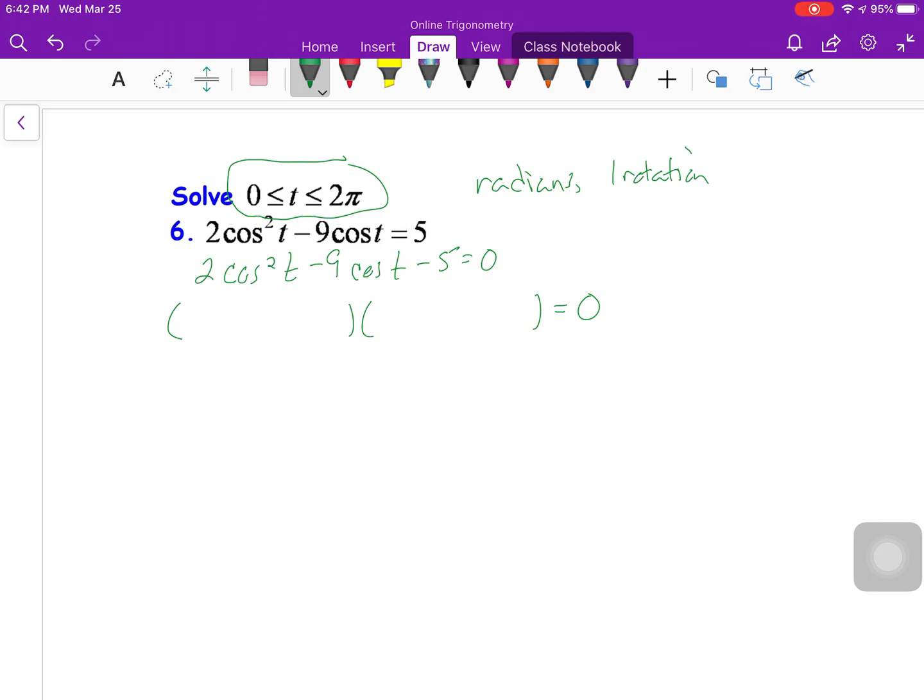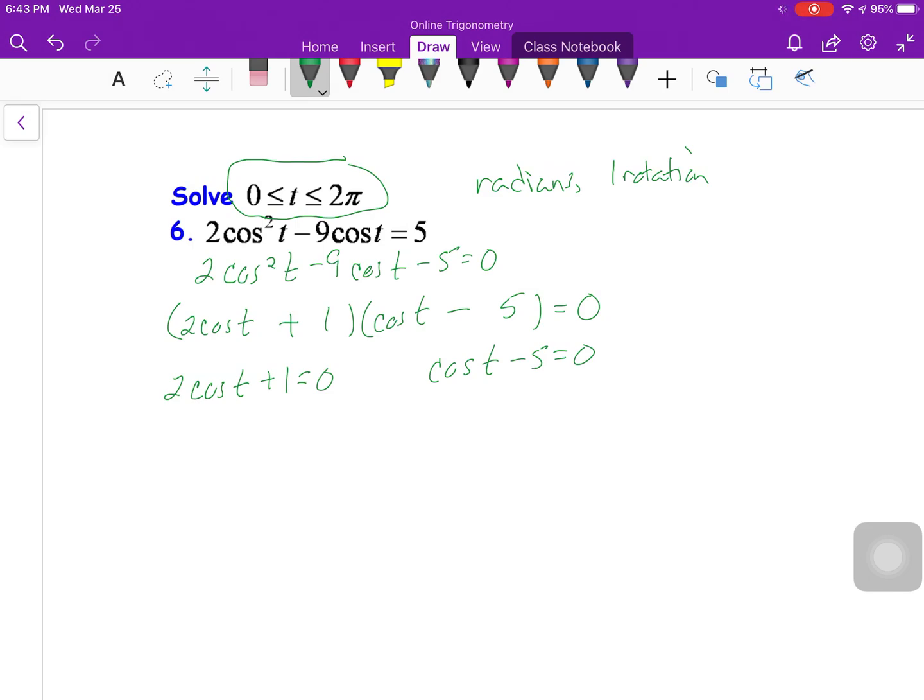So 2 cosine squared t, I'm going to need to factor that into 2 cosine t and a single cosine t. The 5 and the 1 will go in the same place. This will still be minus, and this will still be plus. We'll still set each of those factors equal to 0. 2 cosine t plus 1 equals 0, and cosine t minus 5 equals 0.